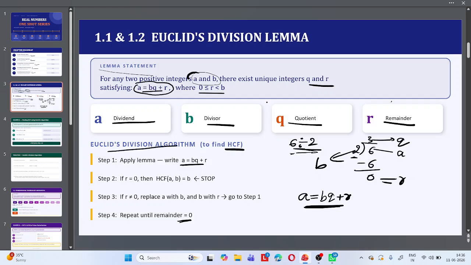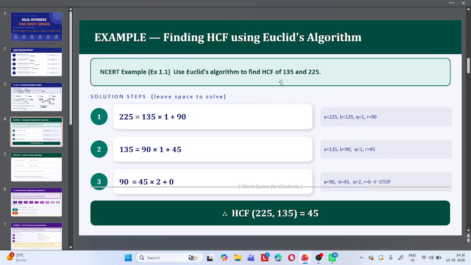This is the set of steps to find the HCF of any two given integers by using the Euclid division algorithm. Understood? Let me take one example. Here it is: find the HCF of 135 and 225 by using the Euclid division algorithm. First we need to choose a and b from these two integers. Here the bigger number is 225, take it as a. Here the smaller is 135, take it as b.